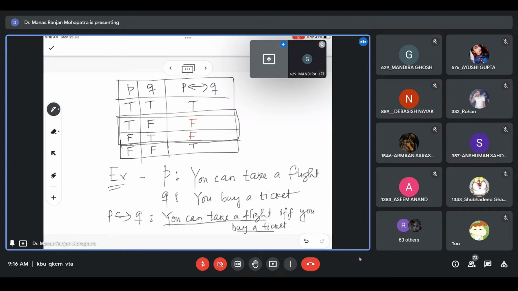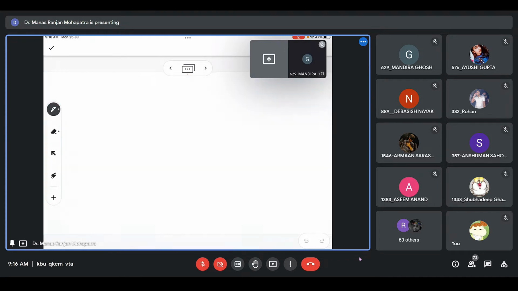Okay, there are also equivalent statements of biconditional. P biconditional Q can be represented by these equivalent statements.